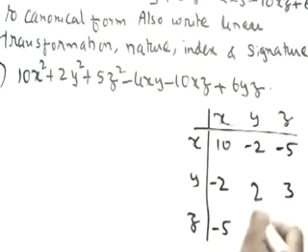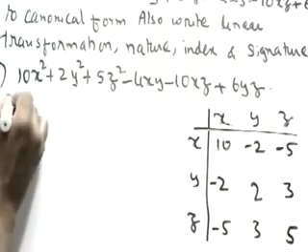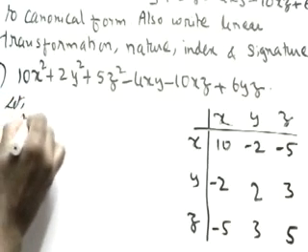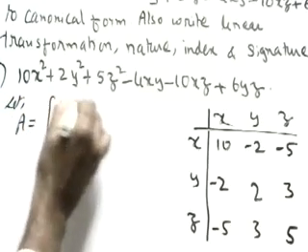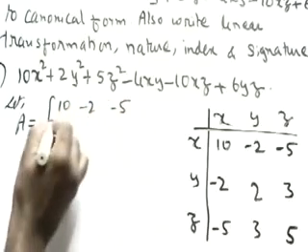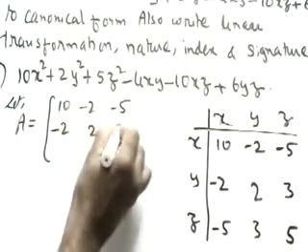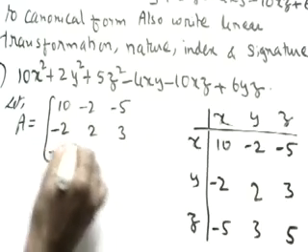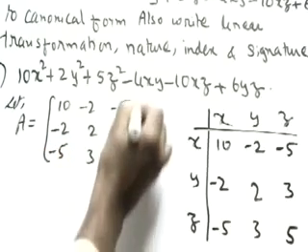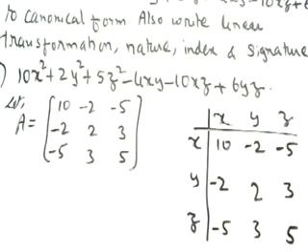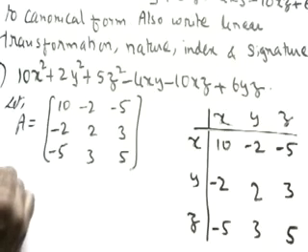Lastly, the yz coefficient is 6, reduce to half, 3 and 3. So this is the matrix A: 10, minus 2, minus 5, minus 2, 2, 3, minus 5, 3, 5.